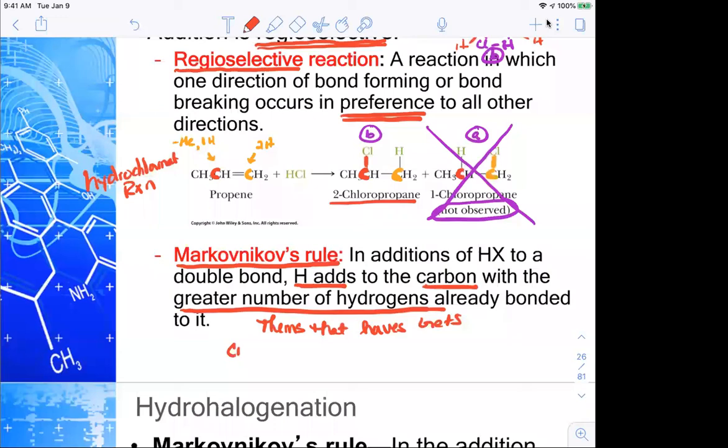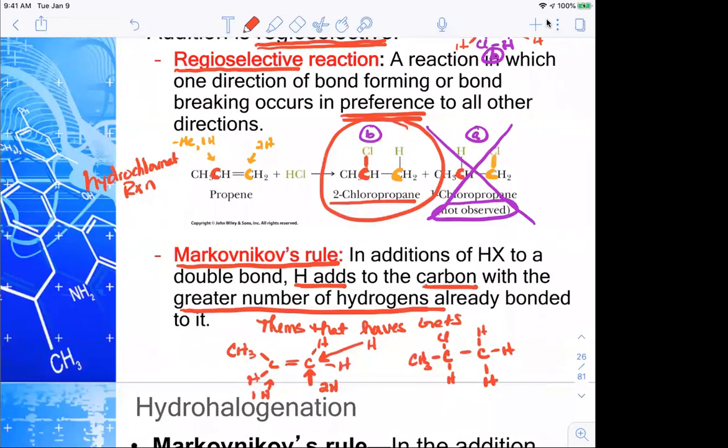So notice if I look at this reaction again, this carbon has two hydrogens on it. This carbon has one hydrogen on it. So the hydrogen should go to that carbon. And when you do that, you're going to get the 2-chloro isomer.